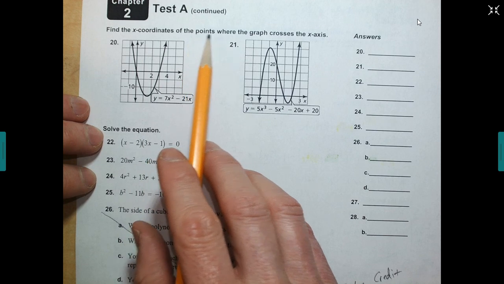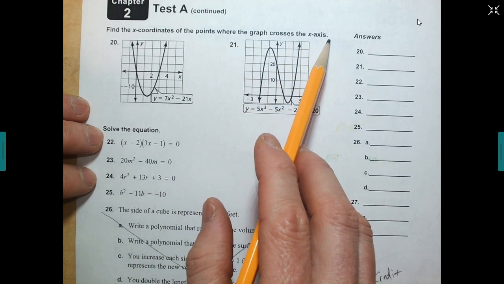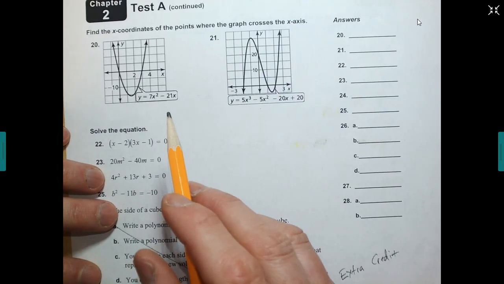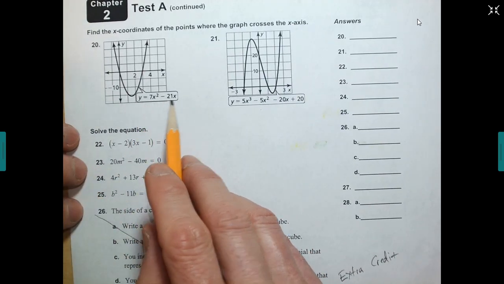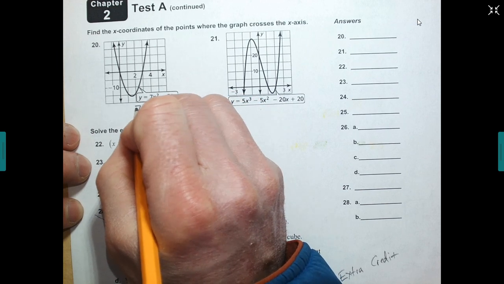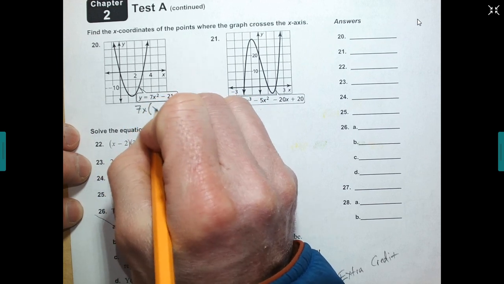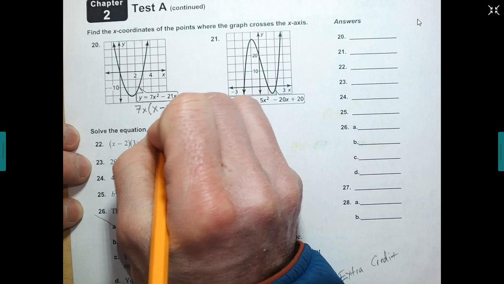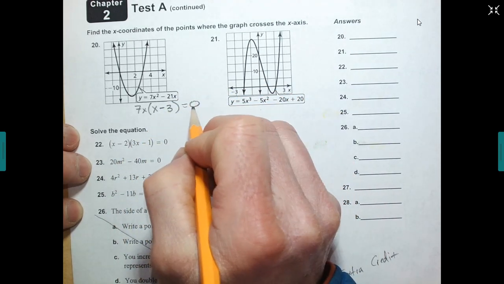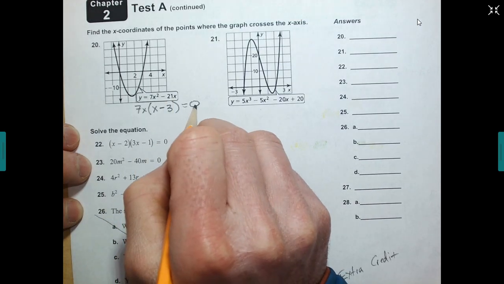Find the x-coordinates of the points where the graph crosses the x-axis. So they want us to use the method that they taught us, which is factoring. So for this, I could pull out a 7 and an x, and I'm left with x minus 3. So then if I want my zeros, I put it equal to 0, right?